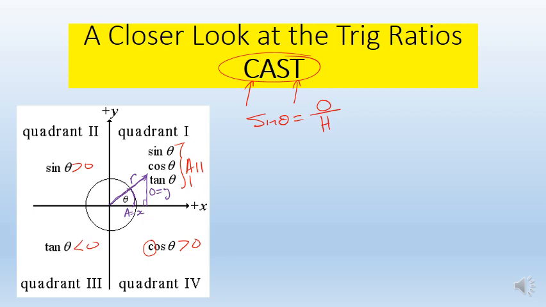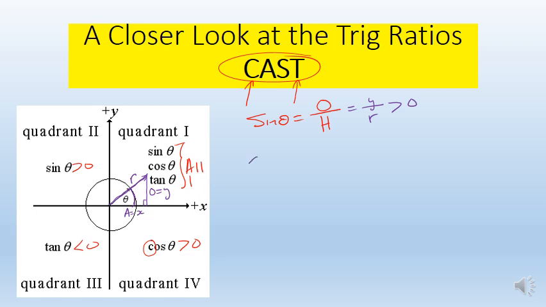So sine theta is opposite, which is y, and the hypotenuse is r. But y and r are both positive. So if y and r are both positive for this triangle in what we call standard position, it tells me that sine theta is positive.